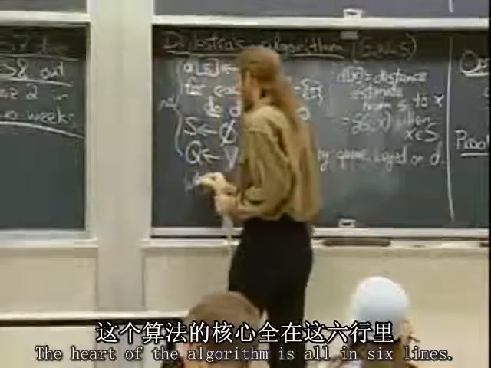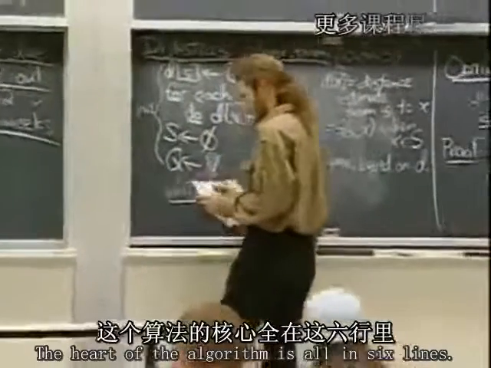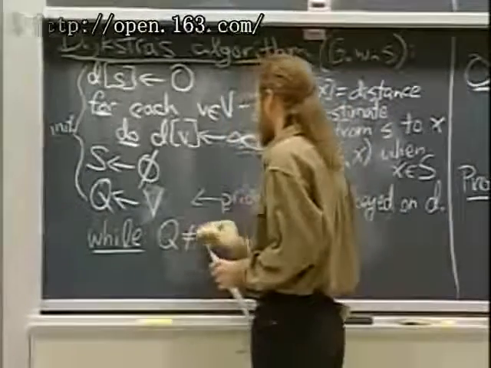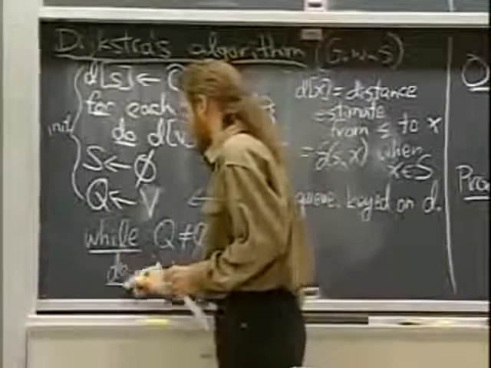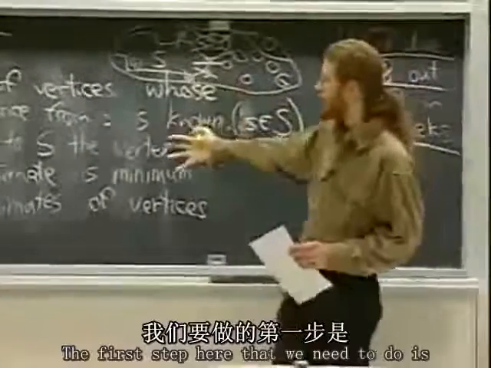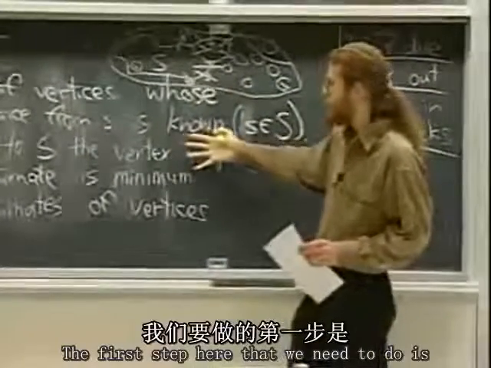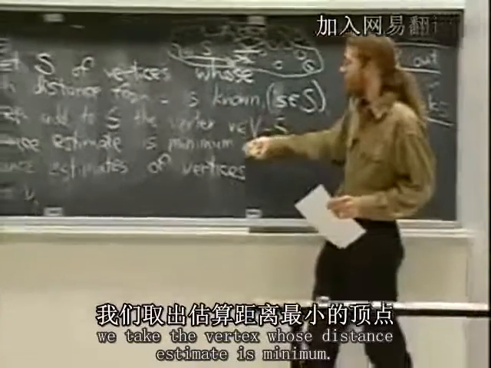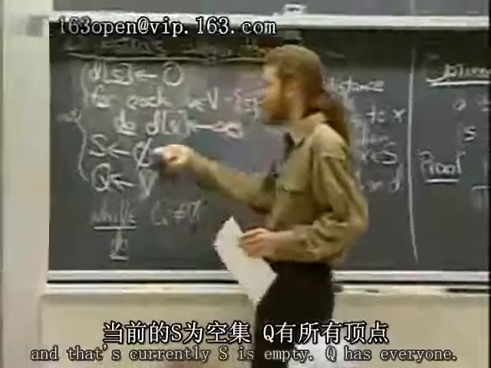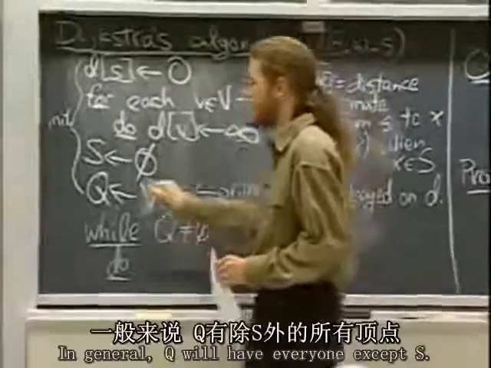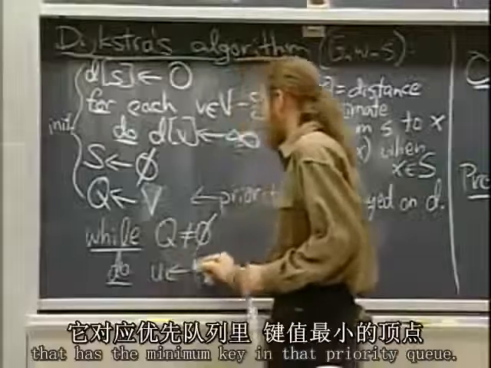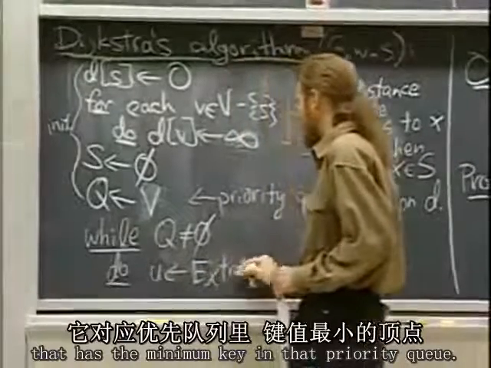The heart of the algorithm is all in six lines. The first step here that we need to do is we take the vertex whose distance estimate is minimum, among all the vertices not yet in S. Currently S is empty, Q has everyone. In general, Q will have everyone except S. So we'll take the vertex u that has the minimum key in that priority queue.